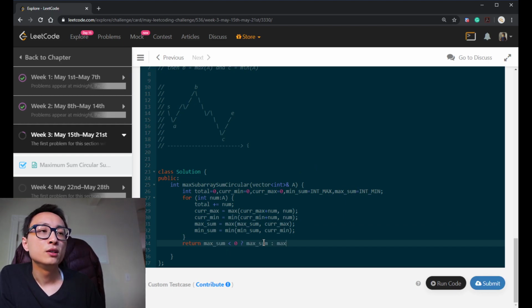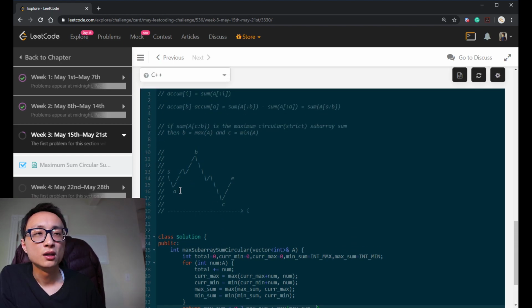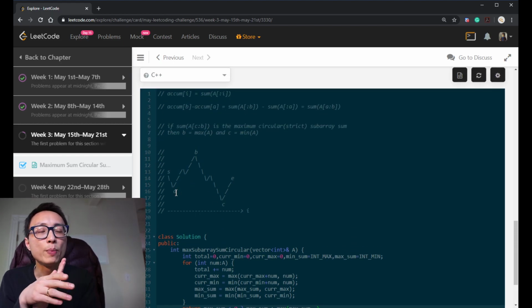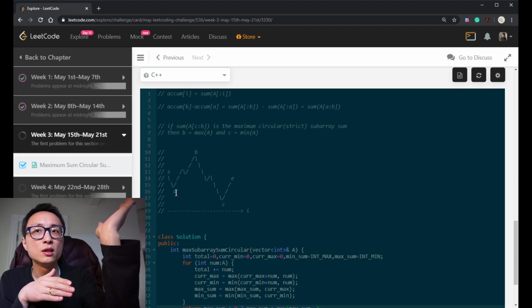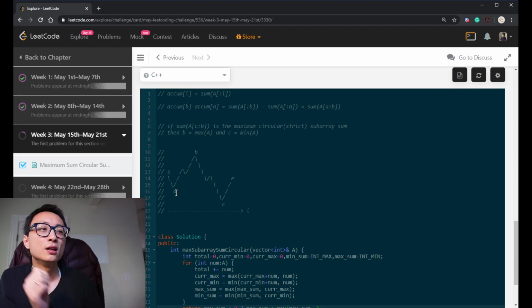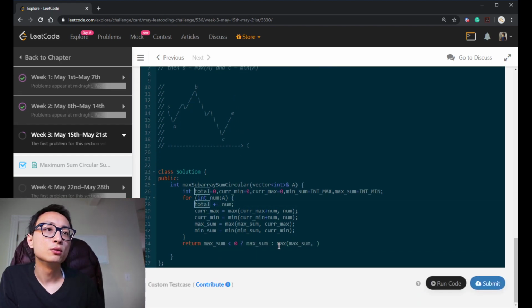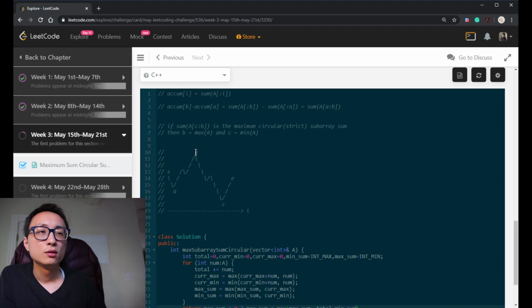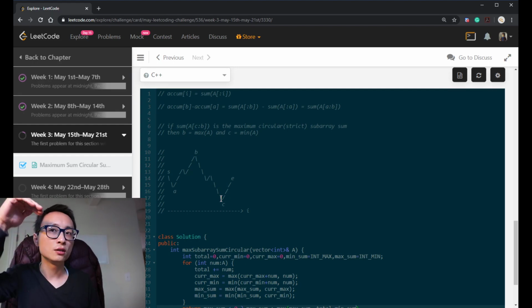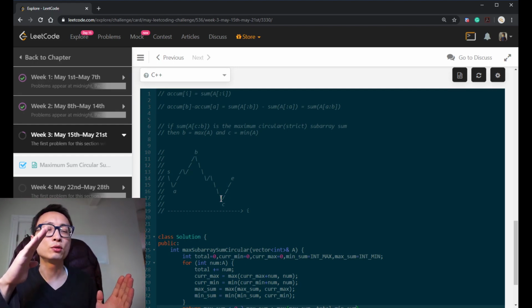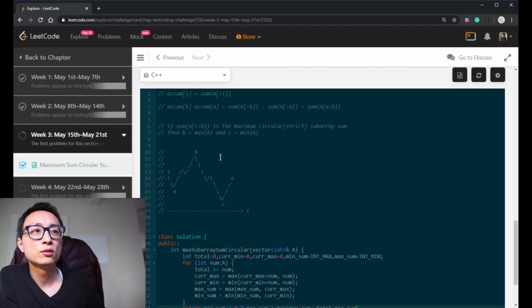Otherwise, it's going to be the maximum between the maximum subarray sum, which is the highest upward trend within this regular array, and the total subtract the minimum sum, which excludes the highest downward trend and uses the other upward trends, combining those two things together.